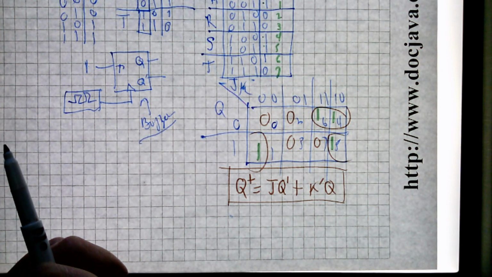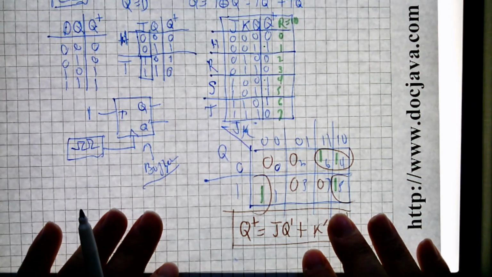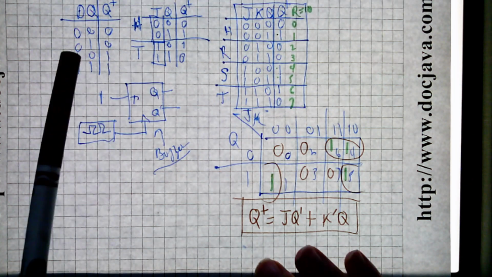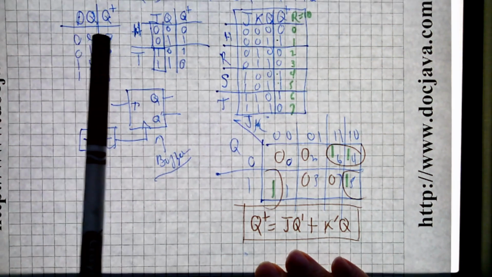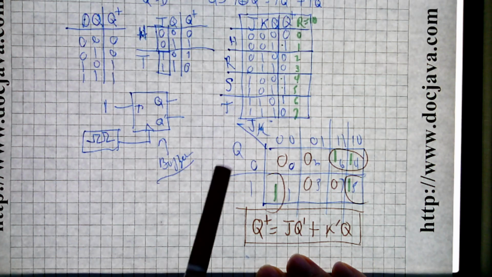Who got confused here? Anybody? JK flip-flops. So this is the interesting thing. What we have done here is we've derived the characteristic equations from the basic behavioral descriptions.